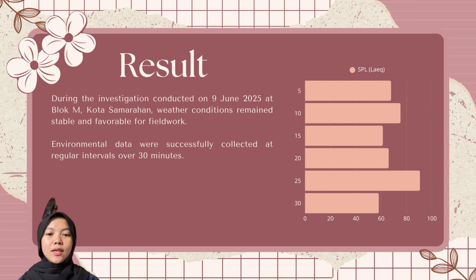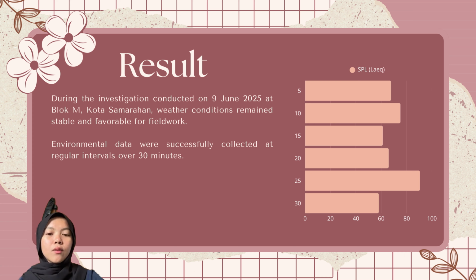This is the data that we gathered, in 5-minute intervals, over the 30 minutes of the session. For the first 5 minutes, we collected 67.8 because of heavy traffic. The second one is 75.2 because of students passing.